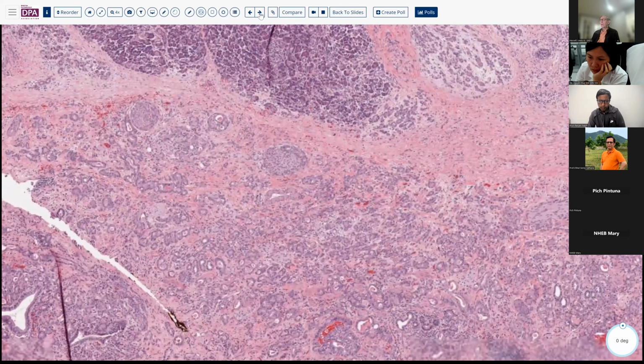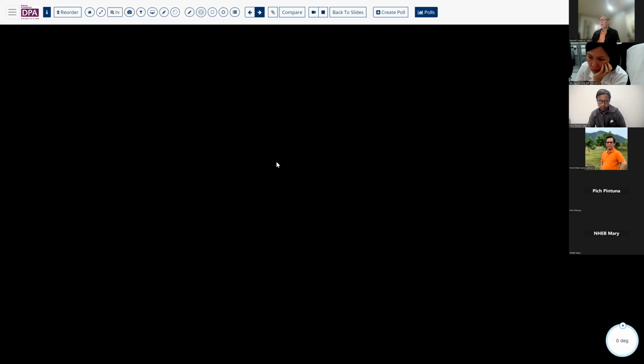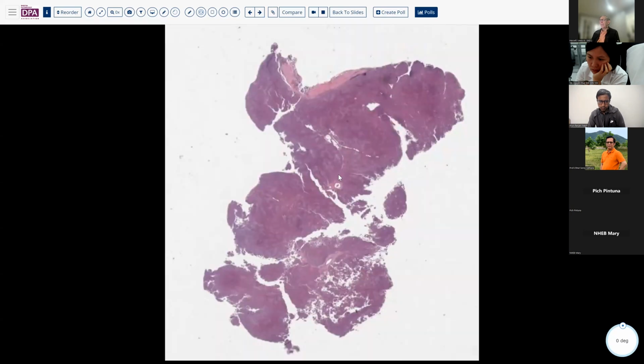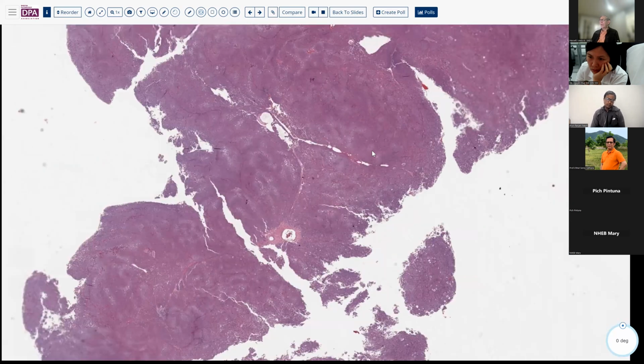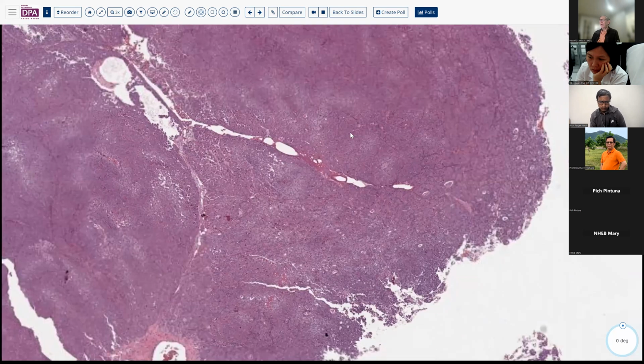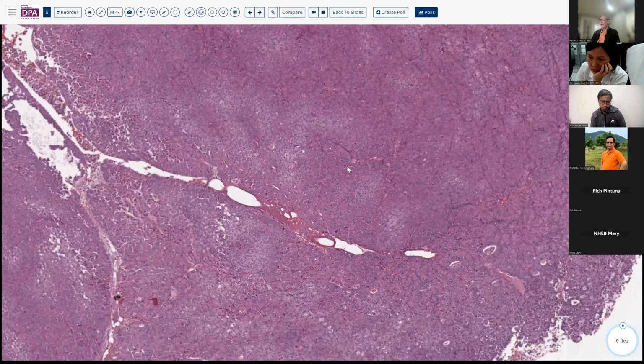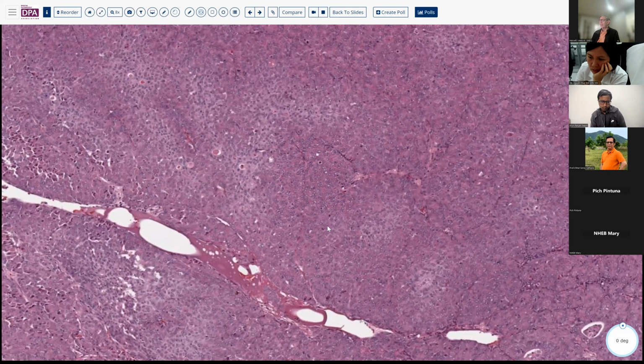Now I've got another example here as well. This is a little bit more classical sheet-like pattern of growth and very abundant eosinophilic cells, very granular nature to the cytoplasm.